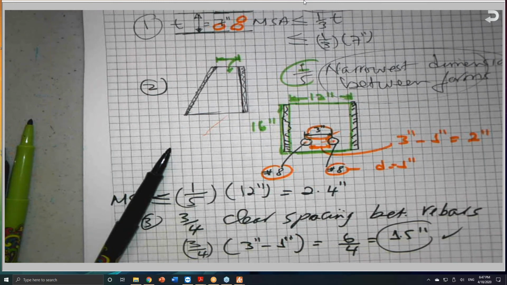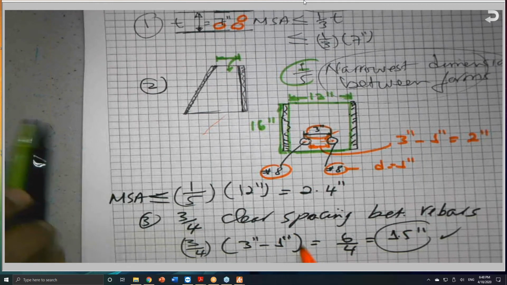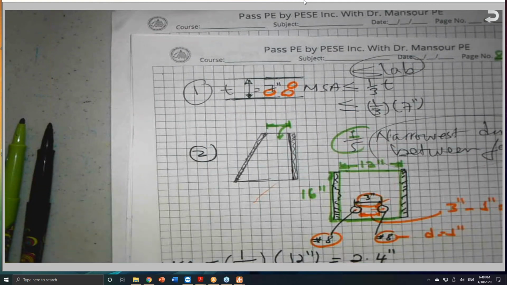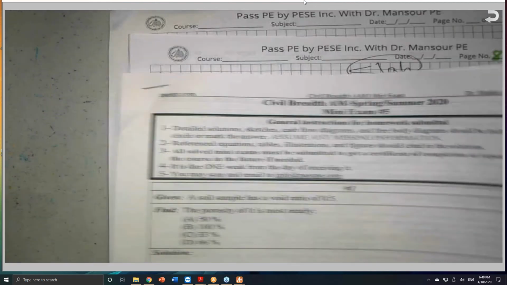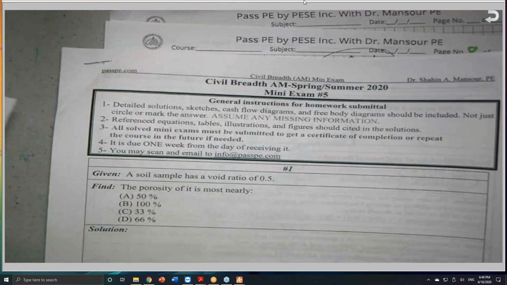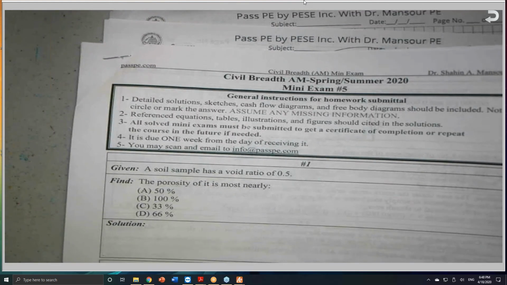So to ensure that, we need to make sure the maximum size aggregate MSA is within these 3 limits. When you receive mini exam number 5, if you have any question, you are very welcome to let me know.